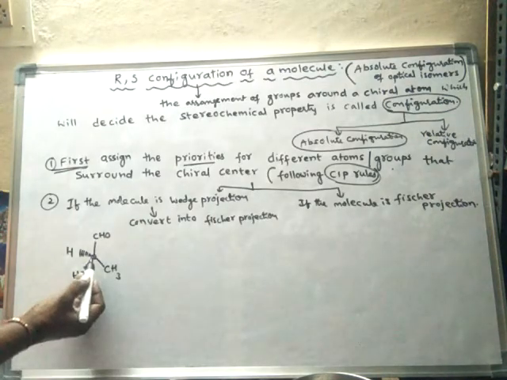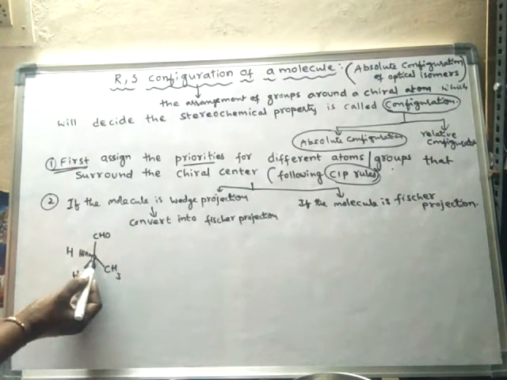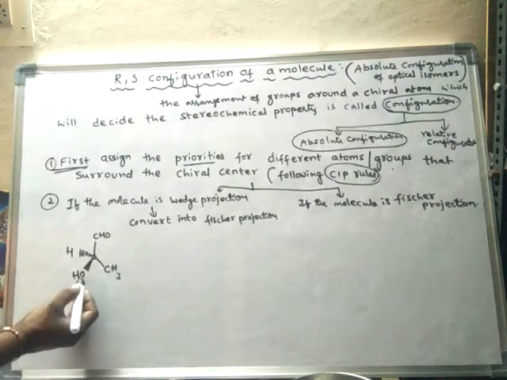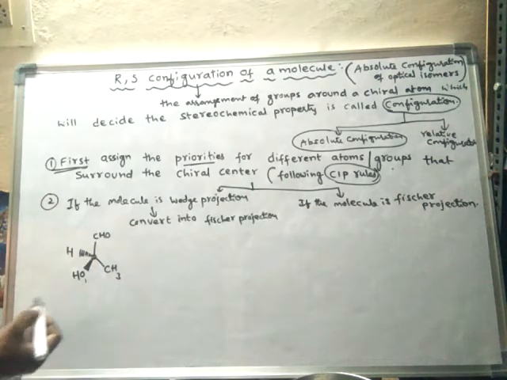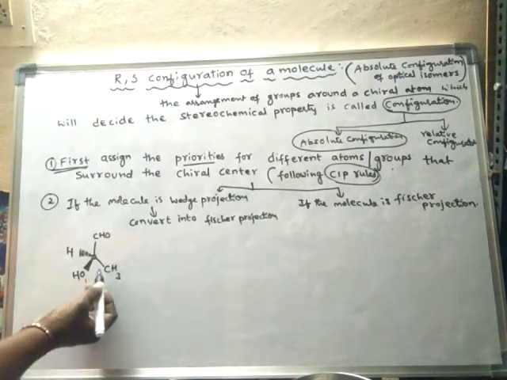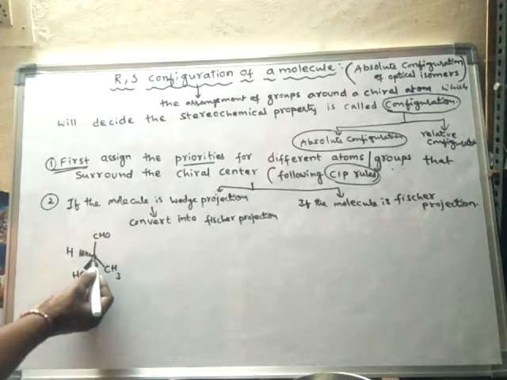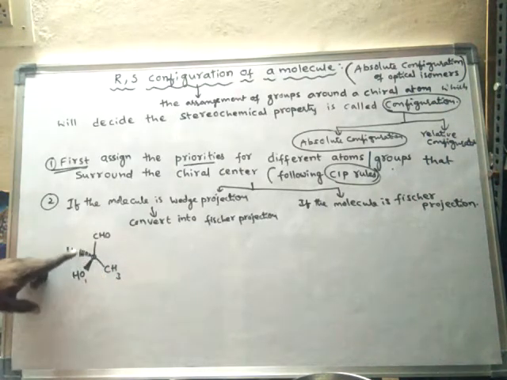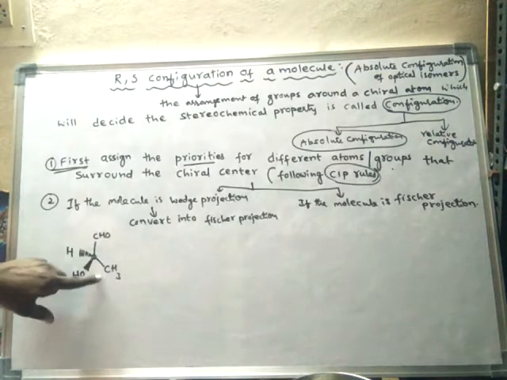Here this oxygen is directly attached, and the atom with higher atomic number is given higher priority. Hence oxygen will get number one priority. Next, the other groups directly attached are two carbon atoms.